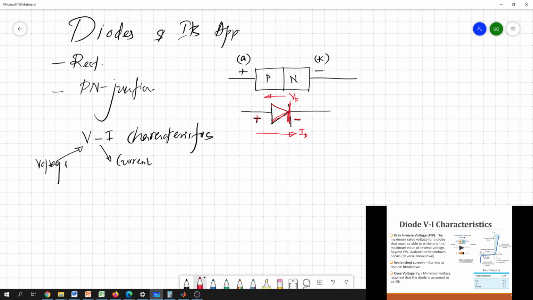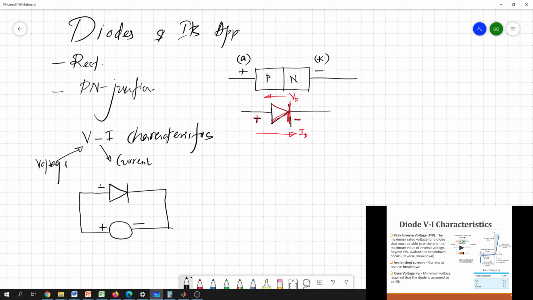Okay, so then again, we can power this diode. So this is your diode. We can power this diode like this. So you can connect a voltage source like this.